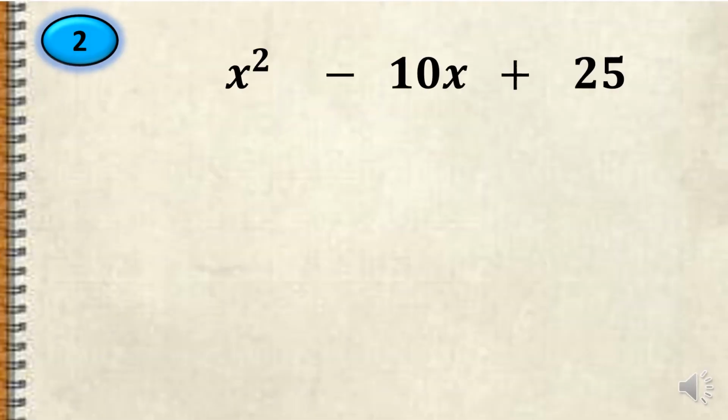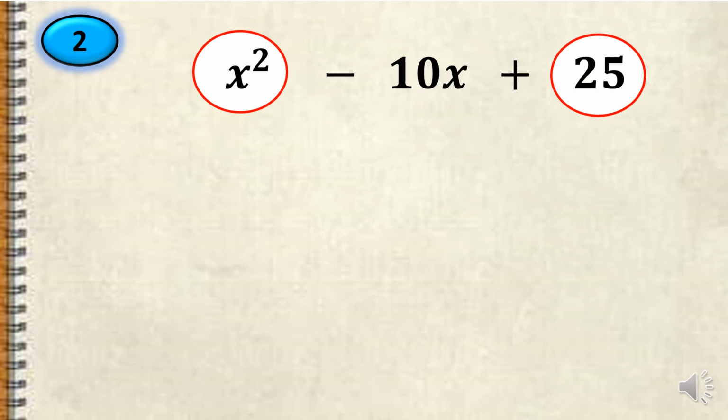For example number 2, we have x squared minus 10x plus 25. Same, we check if our first and last terms are perfect square numbers. After finding out they are perfect square numbers, we can now factor. Again, x squared can be automatically factored as x times x.